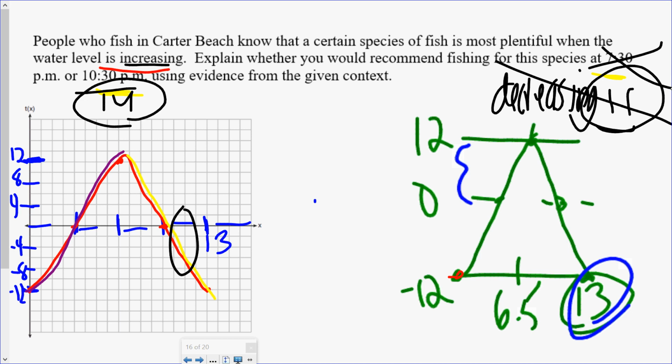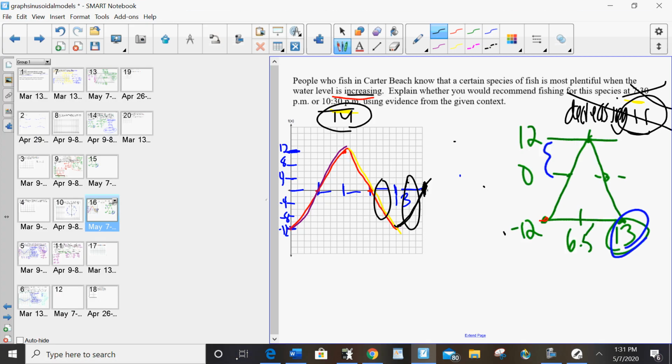Now, I don't see time 14 on my graph, but I know how a wave works. I'm going to start repeating another cycle. So if I were to keep on going, my next point is going to be here, and it's going to continue up like that. 14 is somewhere around here, and yes, it is increasing. Let's make it purple, just so we can stay consistent.